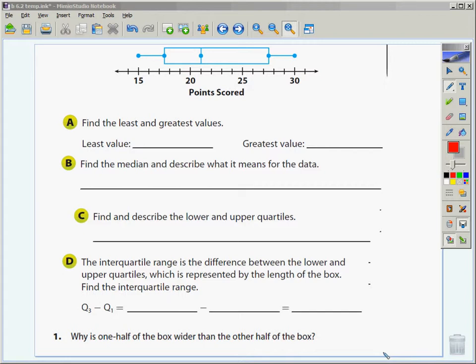I can't find all the individual pieces. If I don't know all the individual pieces, I can't find the mode. I also can't find the mean. But in a box plot, the median is easy to find. Where is the median? It's in the middle of the box. The median is always given to me. Okay?